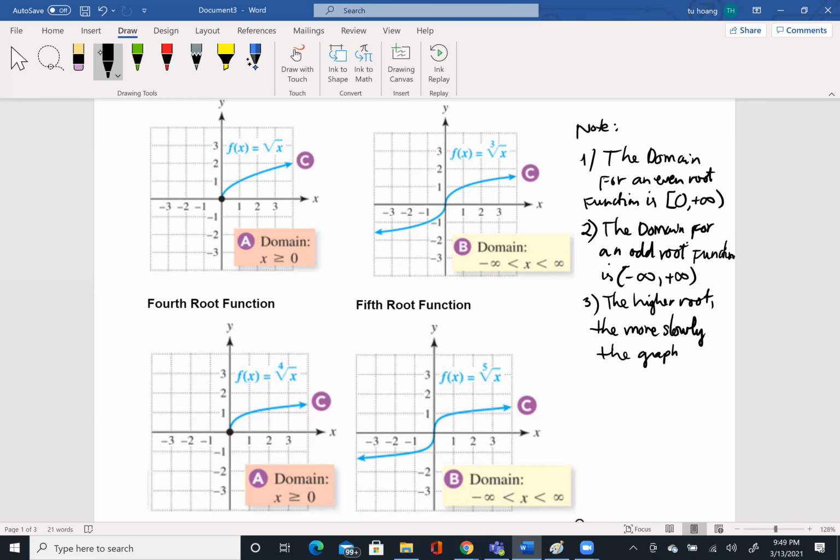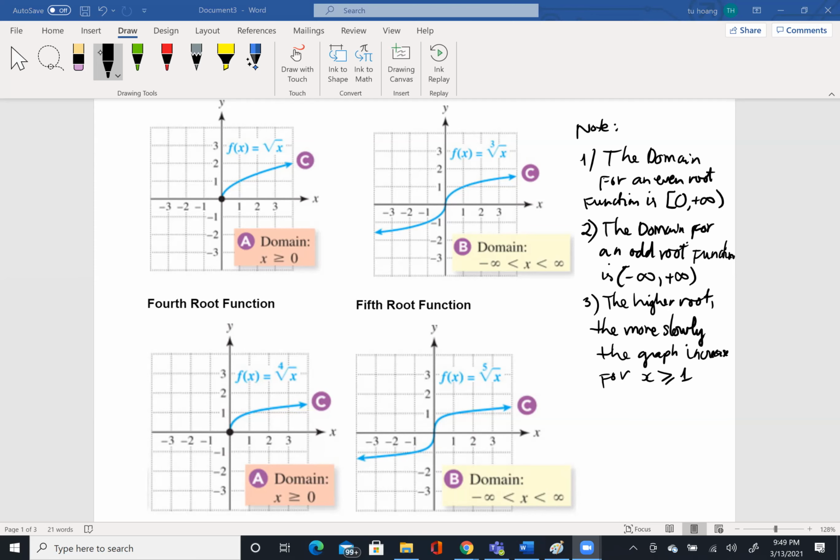The more slowly the graph increases for x greater than or equal to 1. Okay.